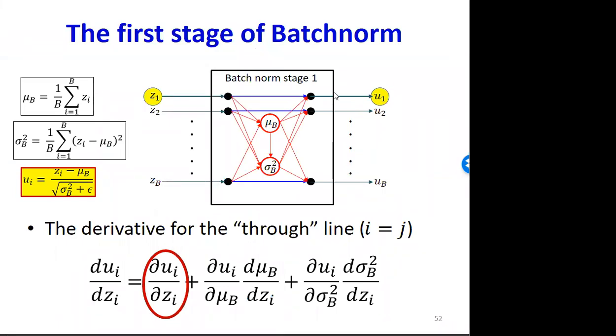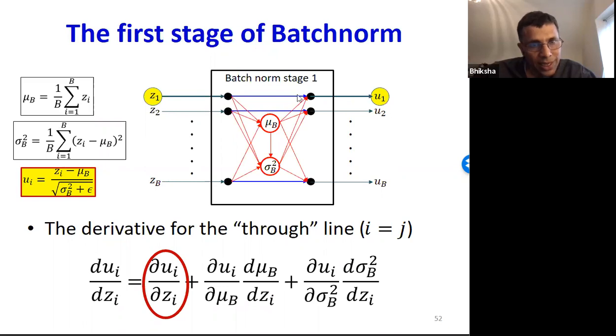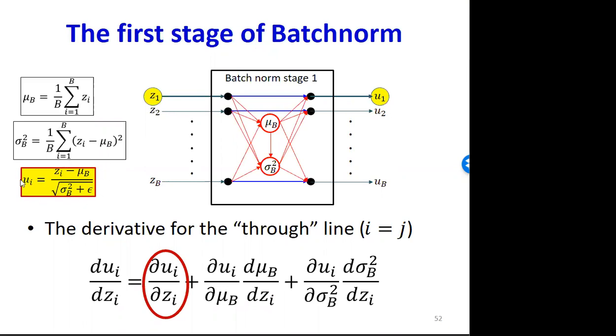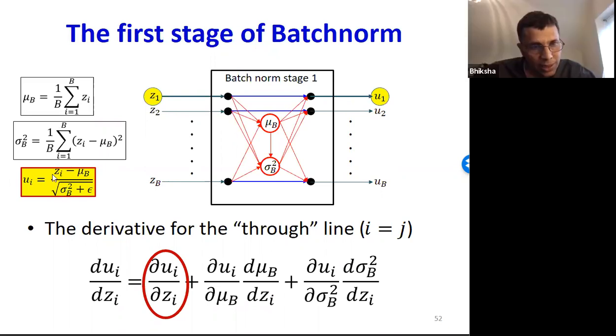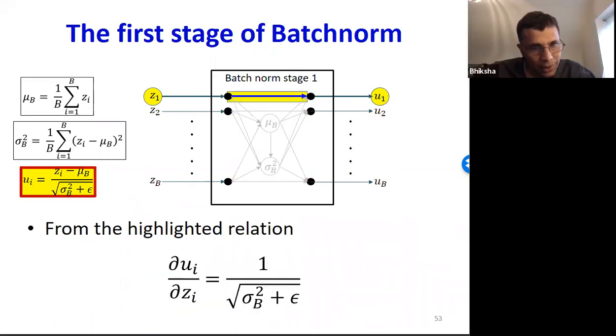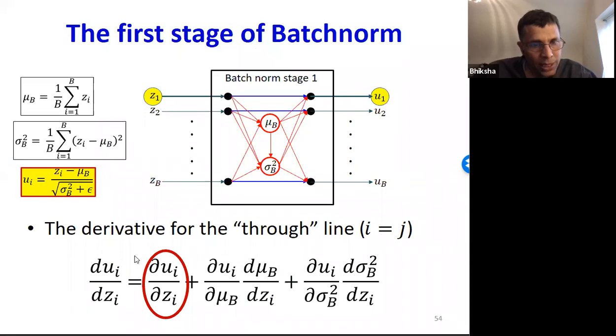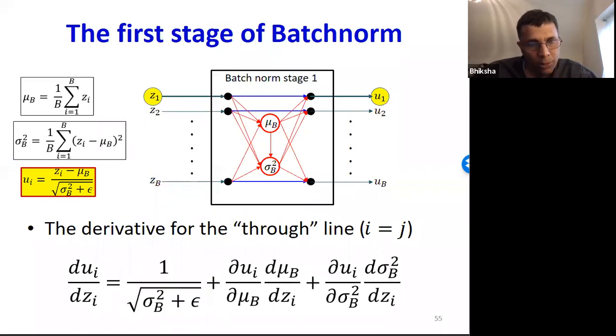This direct connection is given by this formula here. And so u equals z minus mu over the square root of sigma squared plus epsilon. So that derivative is simply going to be 1 over the square root of sigma squared plus epsilon. The plus epsilon is only to eliminate underflow. And so I can replace this guy by that formula. Now let's consider the second term here. What is this derivative going to be?